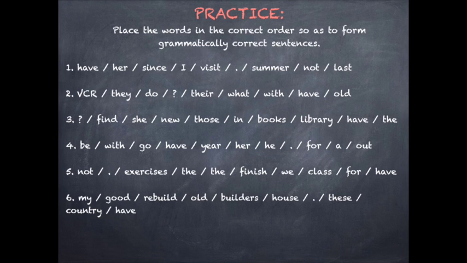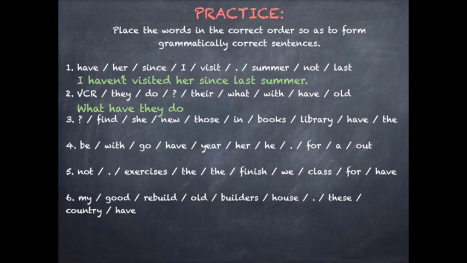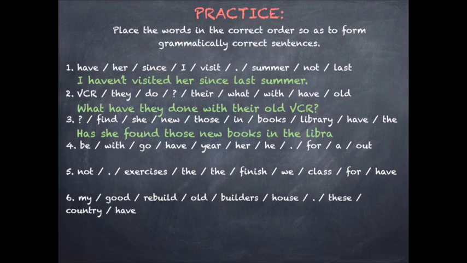Okay, here we have the correct answers for these sentences. Number 1. I haven't visited her since last summer. Number 2. What have they done with the old VCR? VCR means video recorder, okay? Number 3. Has she found those new books in the library?